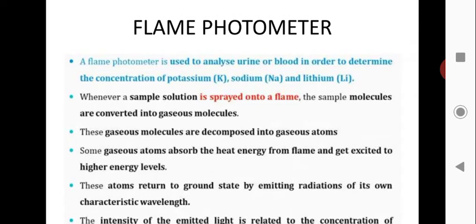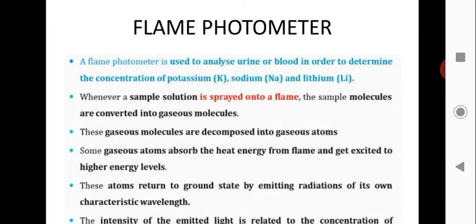Flame photometer is used to analyze urine or blood in order to determine the concentration of potassium, sodium and lithium. Whenever a sample solution is sprayed into a flame, the sample molecules are converted into gaseous molecules. These gaseous molecules are decomposed into gaseous atoms.